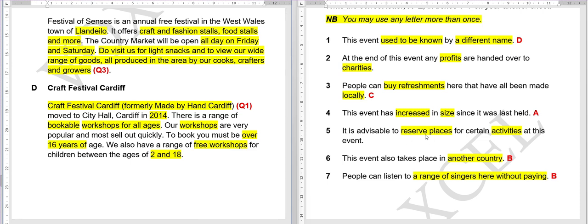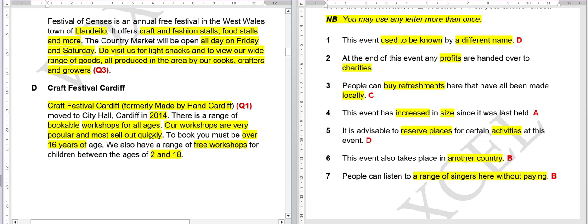Is there any mention of booking your place for certain activities? Yes, there is. So our answer to this is also paragraph D. Where it is written, let me mark it first. So they're talking about our workshops are very popular and most sell out quickly.